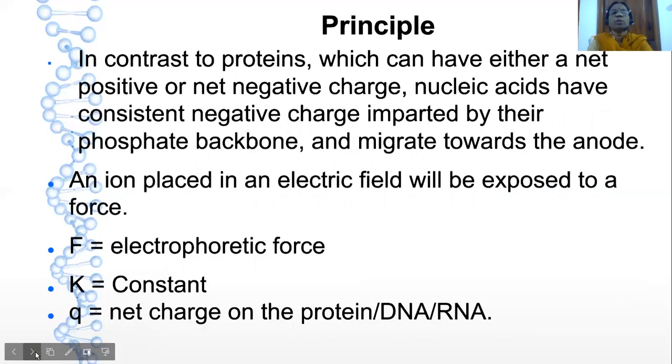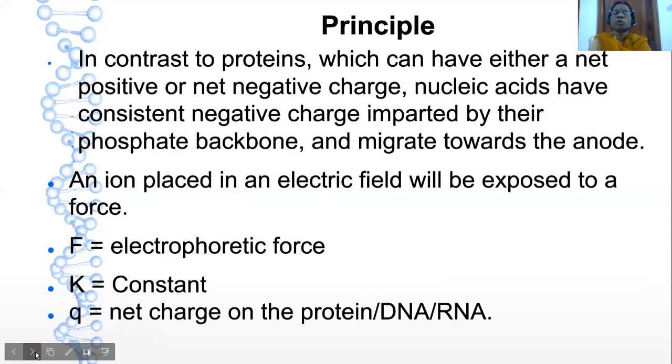The basic principle is that proteins or DNA are not uniformly charged. We find that proteins can either be positively charged or negatively charged, in contrast to the nucleic acids, that is DNA, which are usually negatively charged.